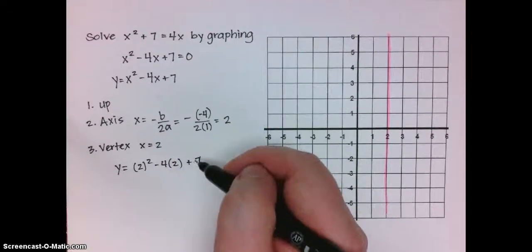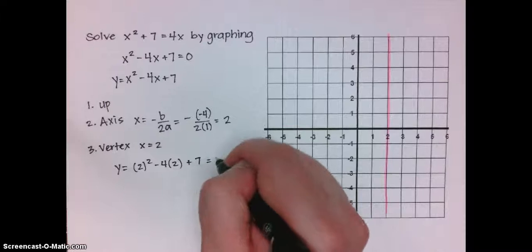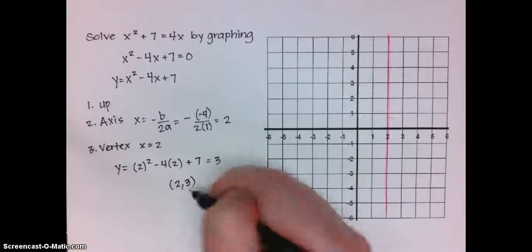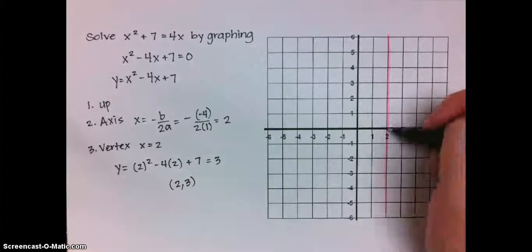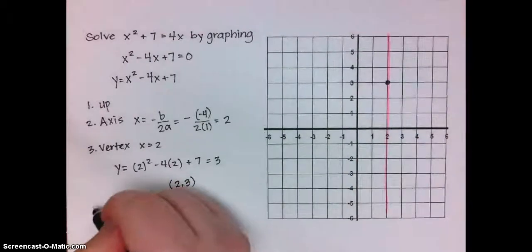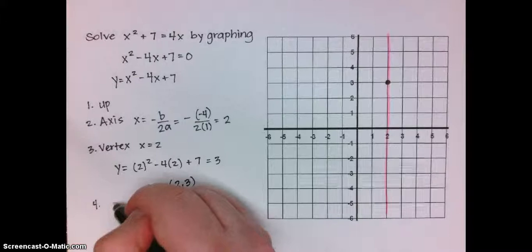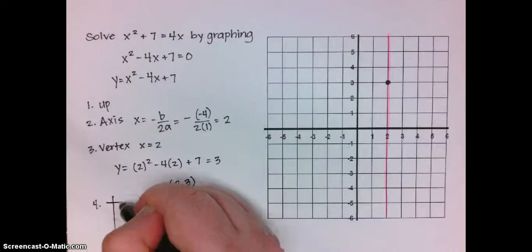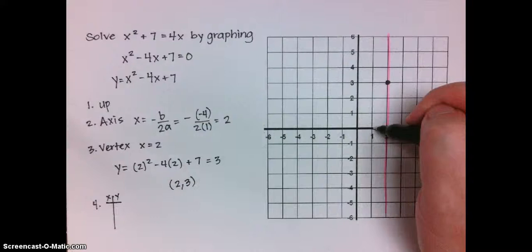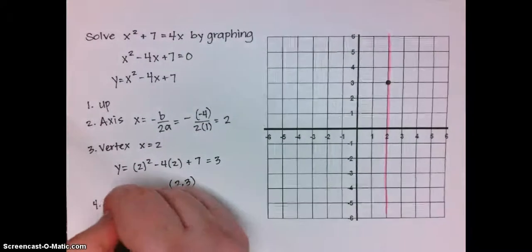All right, this is going to equal 3. So I'm going to plot a point at 2, 3. Right, so 2 and up to 3. Next up, let's pick 2 points to the left of my axis of symmetry. So let's choose 1 and 0.